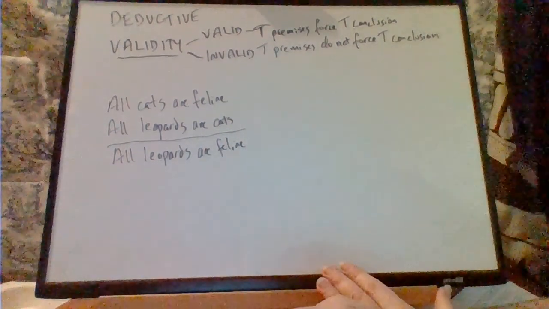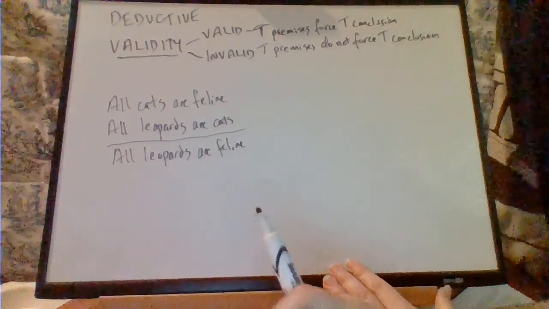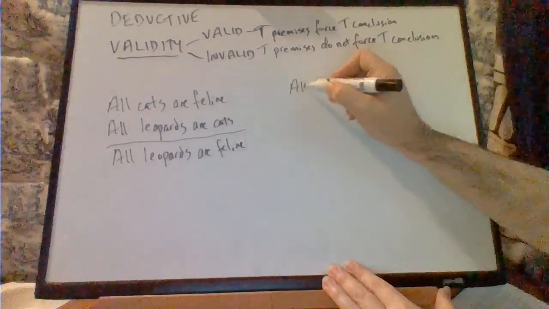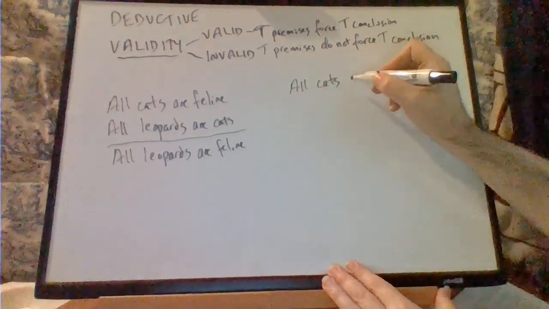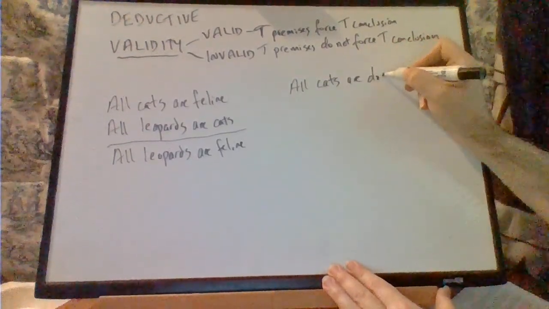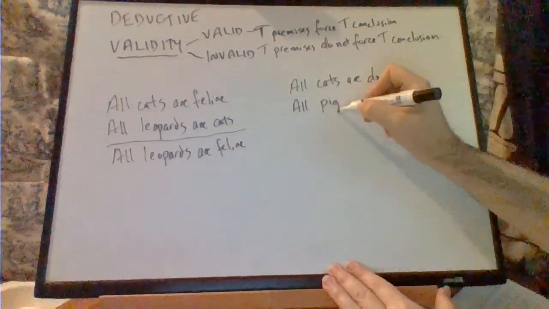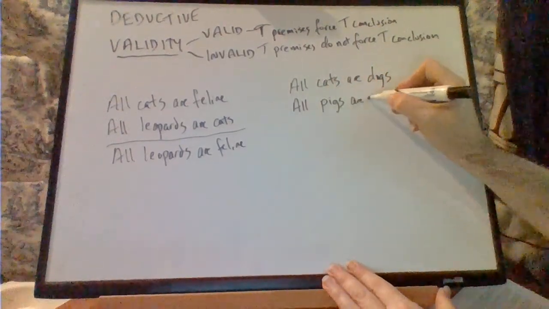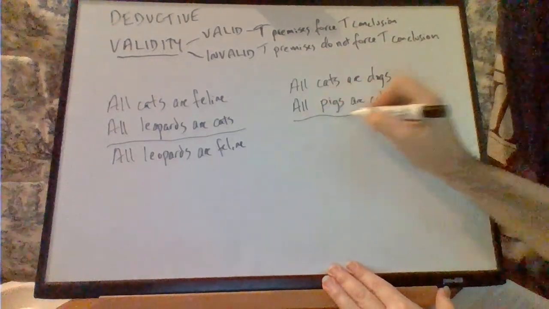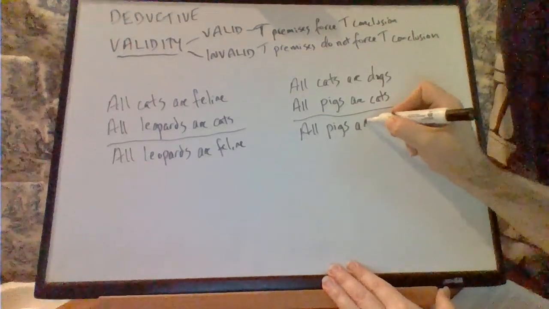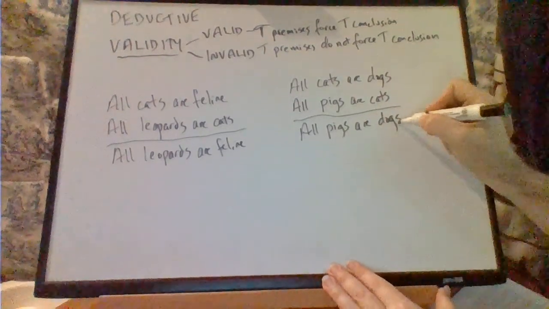Okay. So there's an argument that we're going to look at, but let me give you another one. All cats are dogs. All pigs are cats. Therefore, all pigs are dogs. Okay.